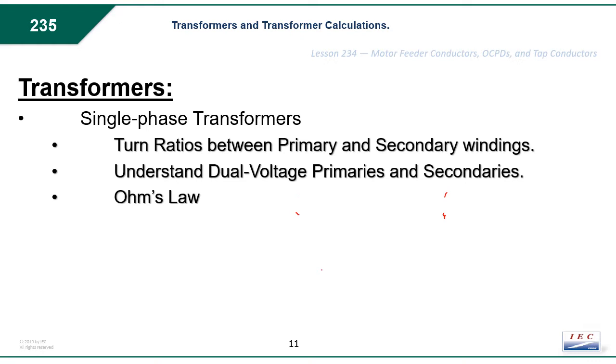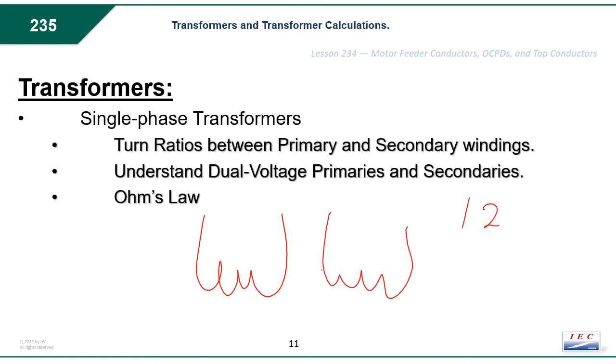Dual voltage primaries and secondaries. For a dual voltage primary or a dual voltage secondary, that means there's two sets of windings in each transformer. Each of those windings is rated to the lesser of the 2 volts. Let's say we have a 120/240 dual voltage primary.